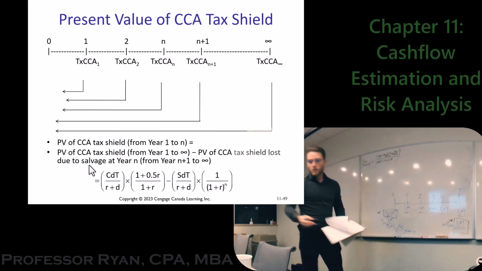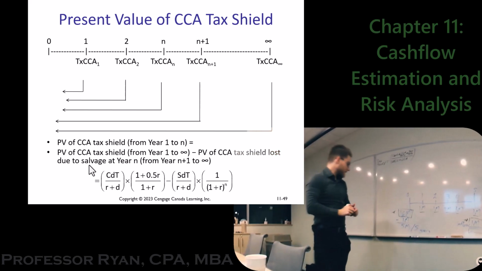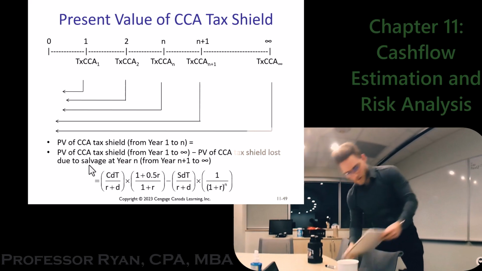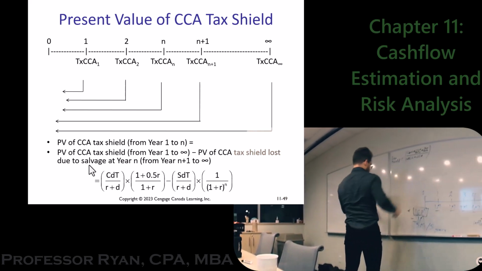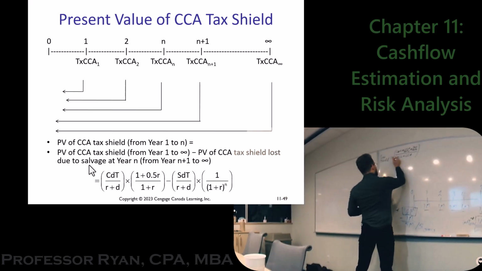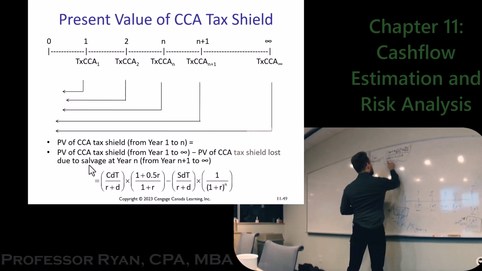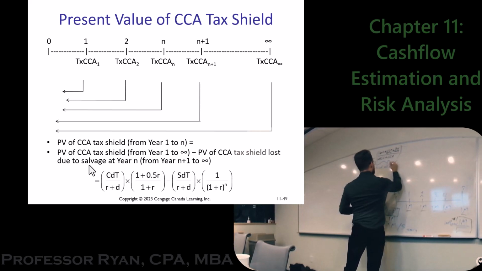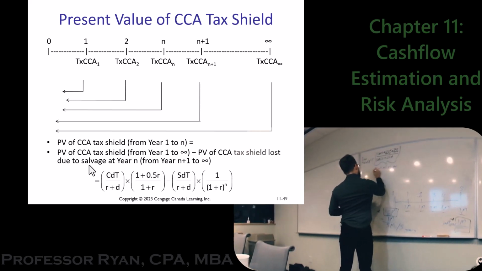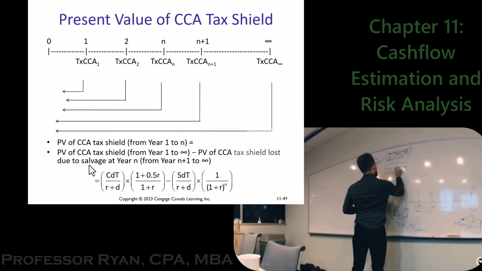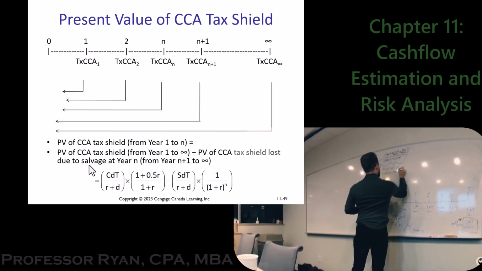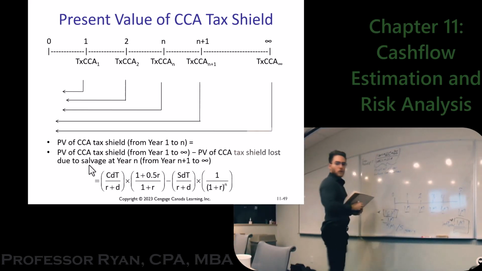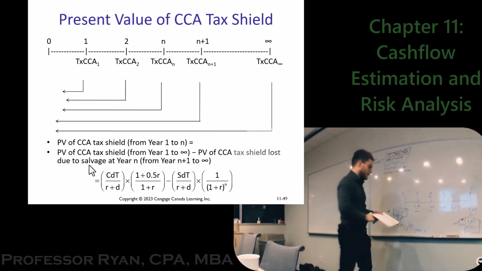So when we do that, this is the present value of all of our future tax deductions on the equipment. Okay, so that's part one of calculating a tax shield.